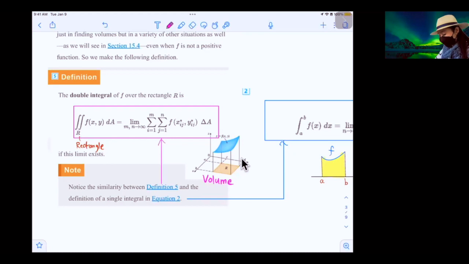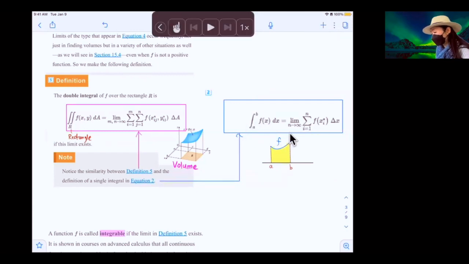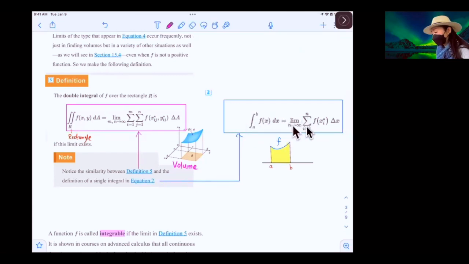Now let's compare this with what we have in the past. This is the single integral, the limit of a single Riemann sum, while this is a double Riemann sum. And what does the single integral represent?